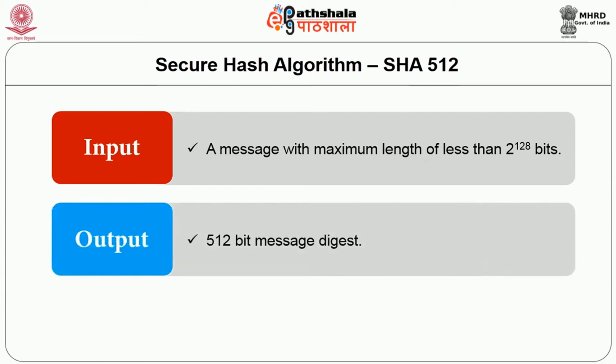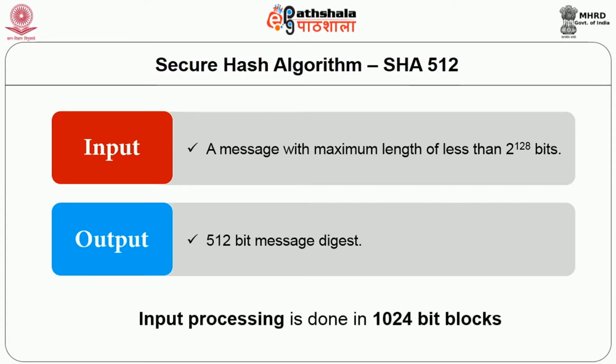What is the output? A 512-bit message digest. So now we have got the point. Whatever size of input you feed to this algorithm, it will generate a hash value of 512 bits, and that is why it is called SHA-512.